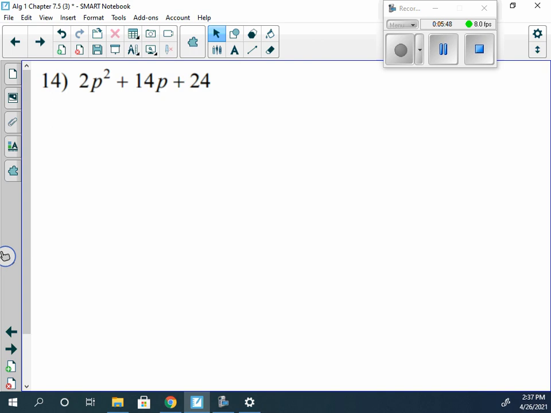So let's look at another one. When we look at this here, we do have 2p squared, so we'll need to see, is there a greatest common factor between all three terms? 2, 14, 24. Yes, it is.